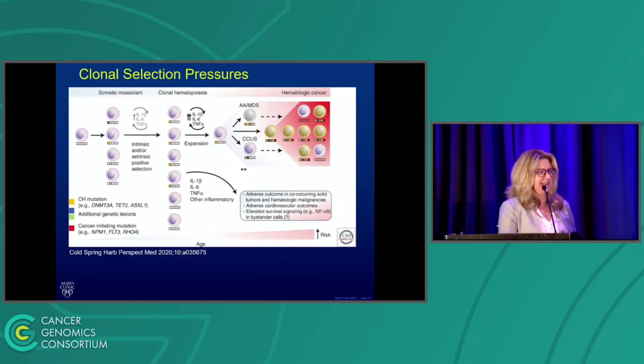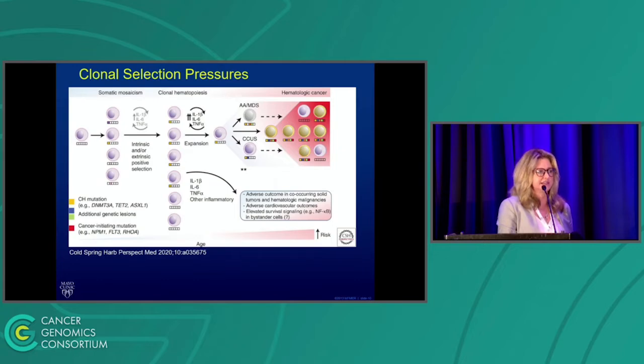What I want to highlight here is that once you acquire a mutation that is involved in clonal hematopoiesis, like DNMT3A, ASXL1, TET2, you can live the rest of your life. These clones can just circulate and you will be fine. However, if there's a particular influence on this clone, a selection pressure that expands it, these clones evolve, and the patients have dysplastic cytopenias and are characterized as being in a pre-leukemic state.